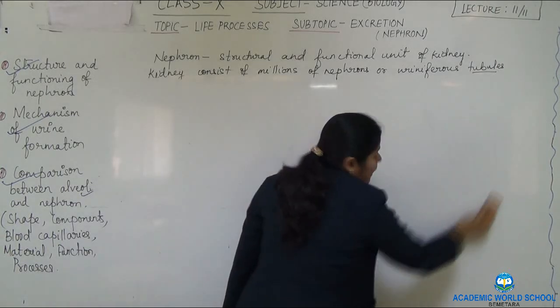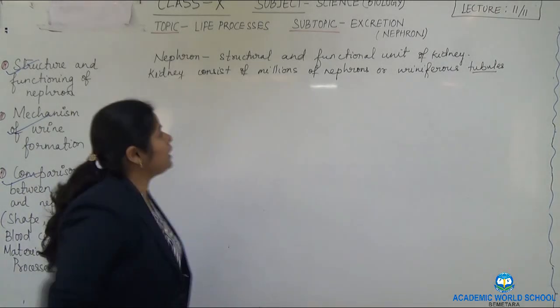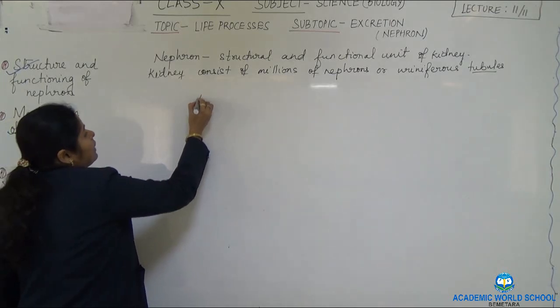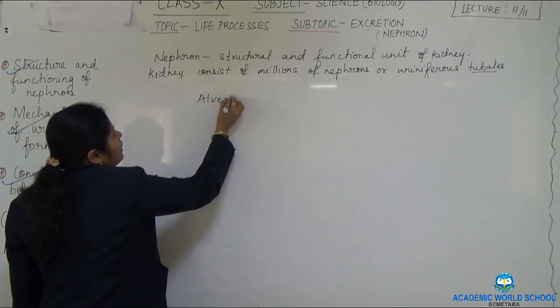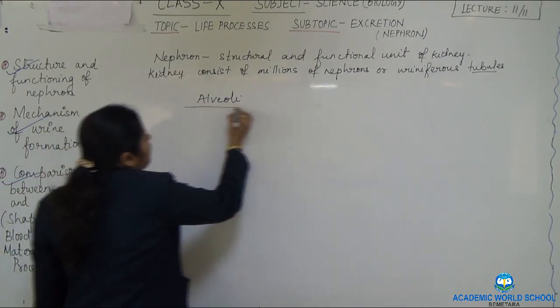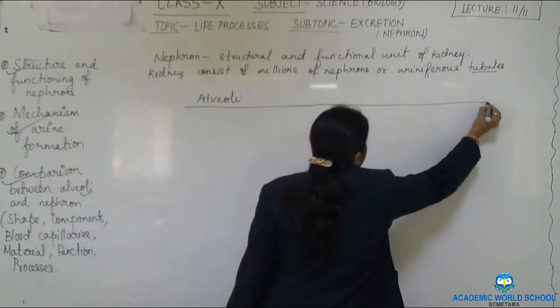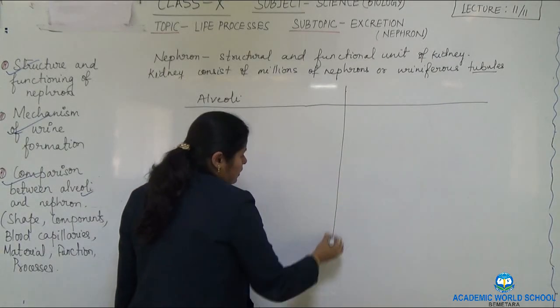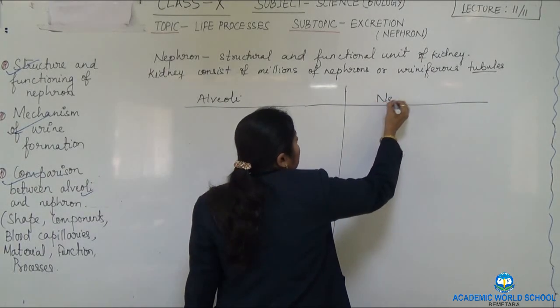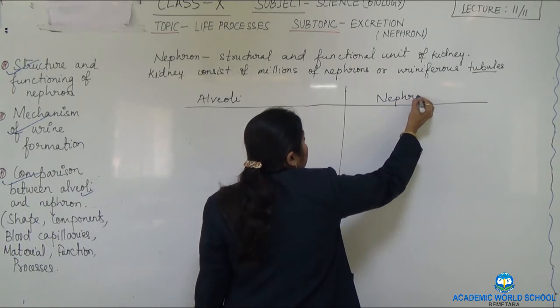Okay, so let's see here. What I'll do is, on one side I'll write down alveoli, I'll make 2 columns, and on the other side we'll write down nephron.